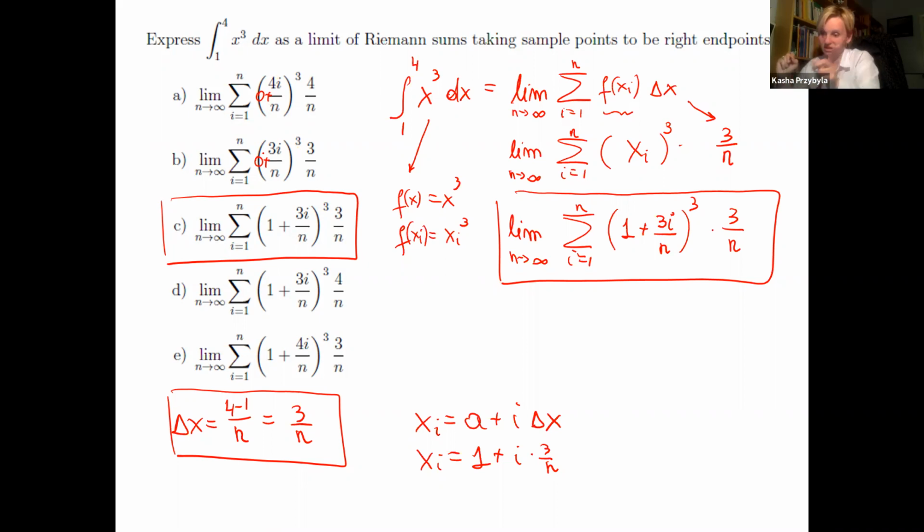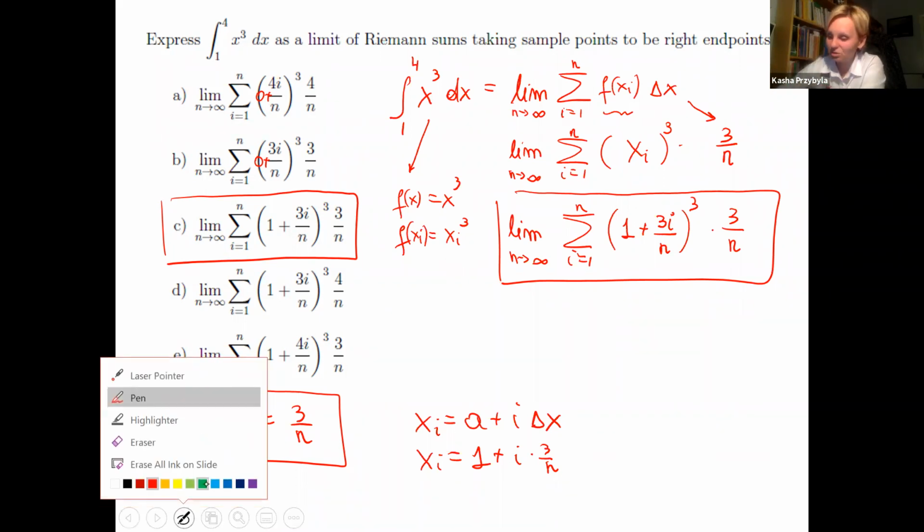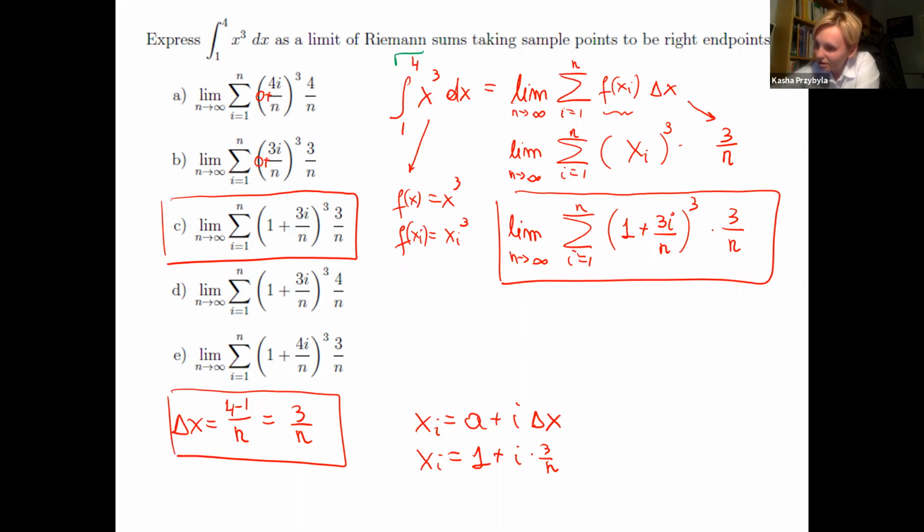So I think C, because it's 3 and 3, 4, 4, 3. That way we can see the integral symbol will be replaced with this. And then it's just the function, and dx becomes delta x, they match.